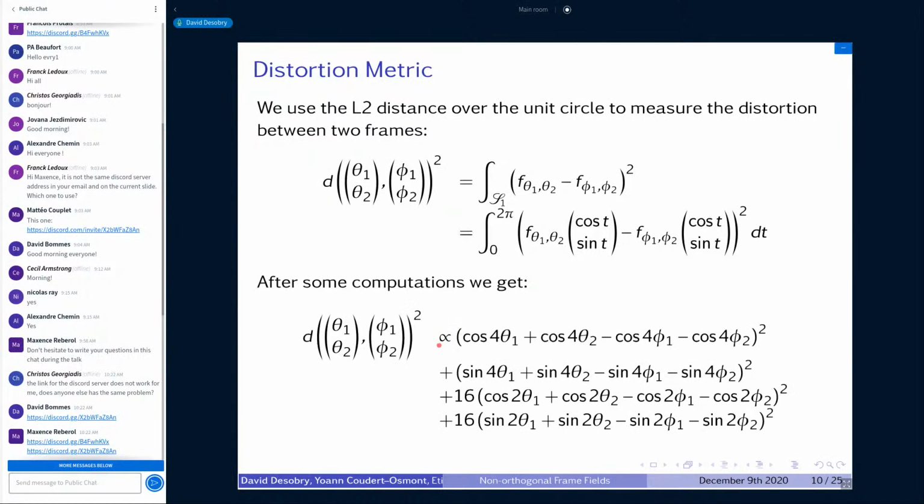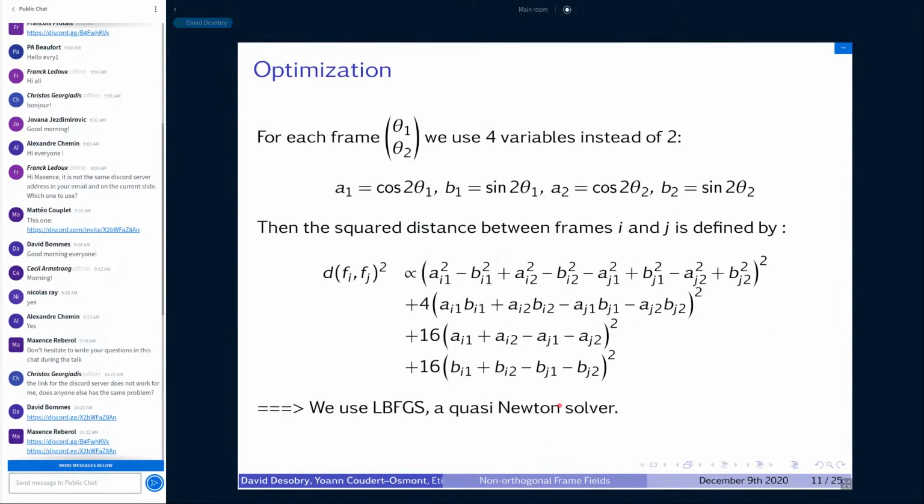So here we need 4 variables instead of 2 in the orthogonal case. We need 2 variables for the cos 2, 2 variables for the sin 2, and then we can express the cos 4 and sin 4 with combinations of cos 2 and sin 2.